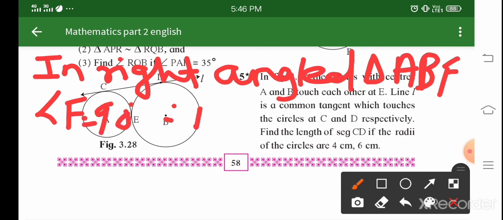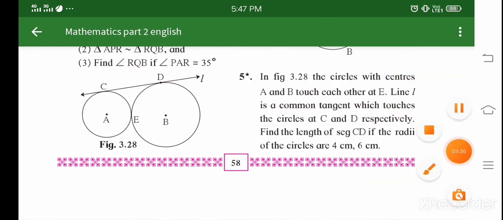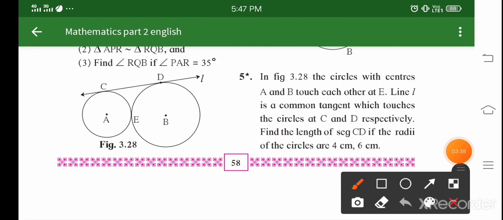So therefore by using Pythagoras theorem, which theorem? Pythagoras theorem we have to apply over here. So when you apply Pythagoras theorem over here, so what you will get, see your hypotenuse will be like this only, right? This is our 90 degree. So this is A, this is B, and this is F. So you will get AB, right?